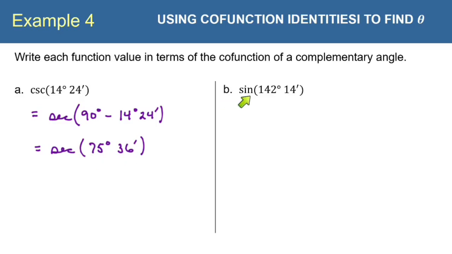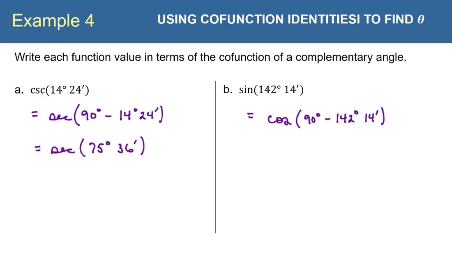And then in part B, the same thing. Here we have the sine of 142 degrees and 14 minutes. So if we want to write this in terms of the cofunction of the complementary angle, we know that the cofunction for sine is cosine, and we know that the complementary angle is 90 degrees minus this given angle.